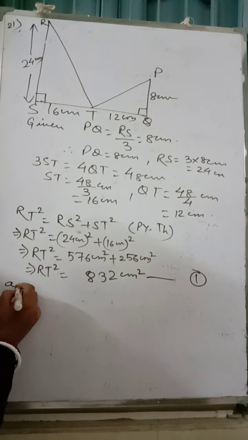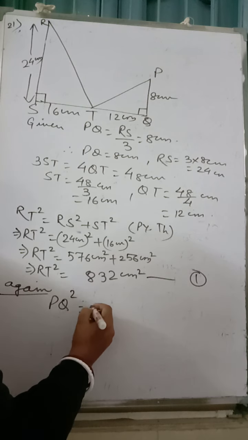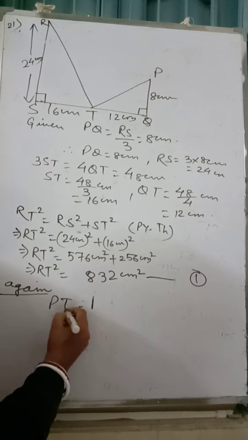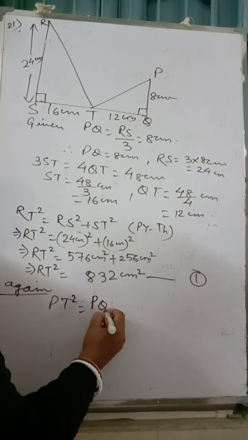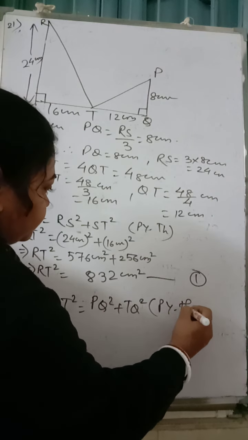Again, PT square gives you PQ square plus TQ square. This is Pythagoras theorem.